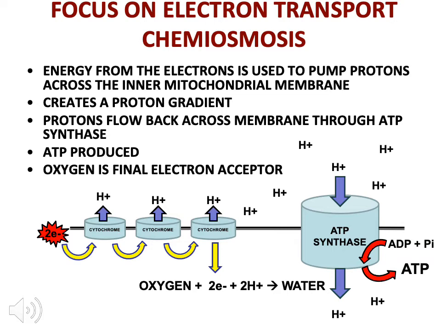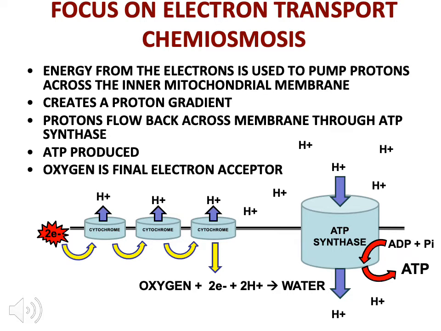And this is going to happen in the mitochondrion. So there's our inner mitochondrial membrane, and there is our electron transport chain, consisting of 3 cytochromes.